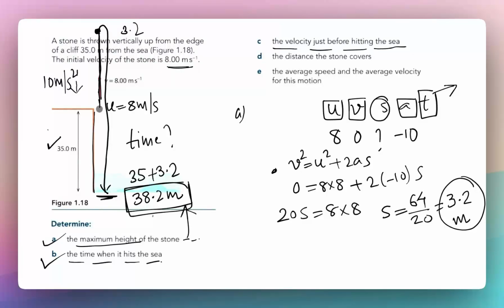But before we go there, I want to show you another way of doing this, right? So as you know, we started from here with the initial velocity which was upward. U was 8 meters per second. It goes up and then finally comes down, right? So in this process, we can say that for gravity, this is the positive direction, right?